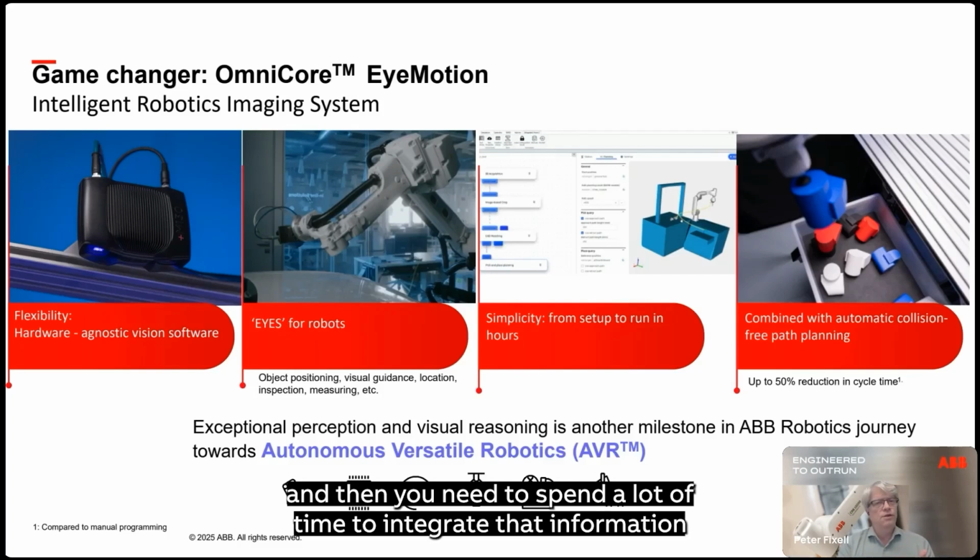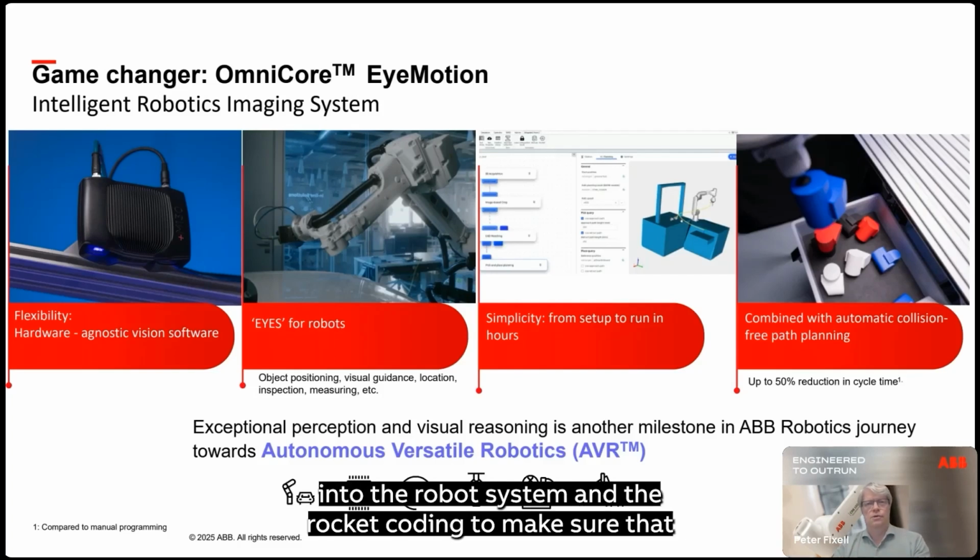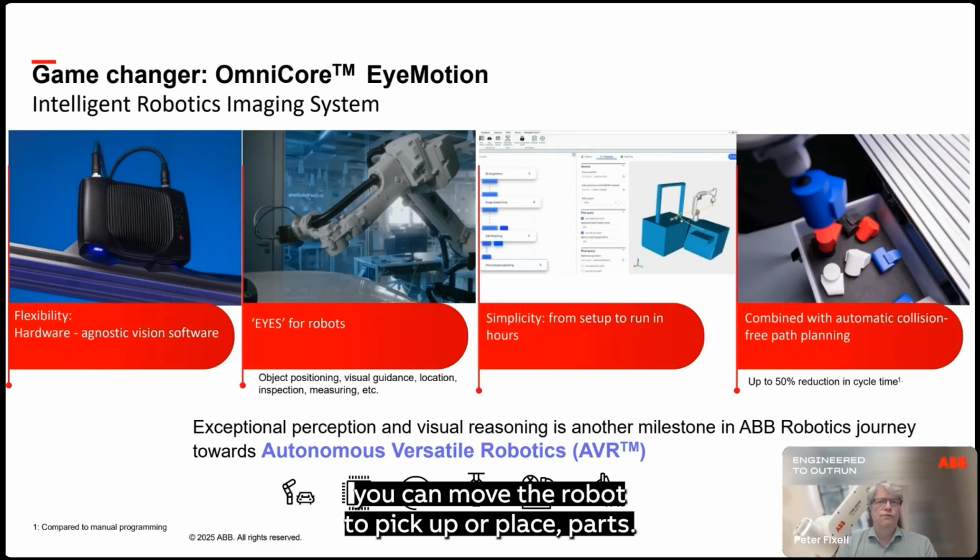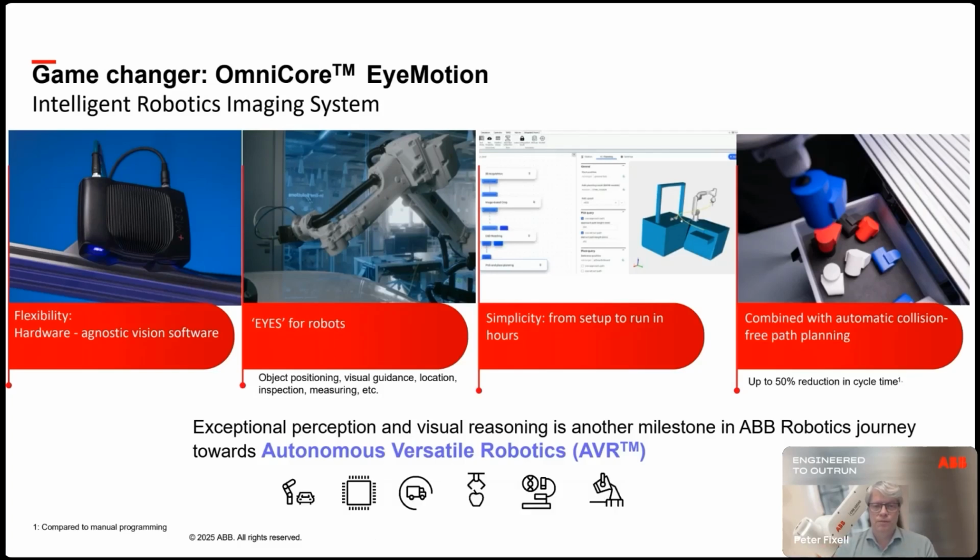And then you need to spend a lot of time to integrate that information into the robot system and the rapid coding to make sure that you can move the robot to pick up or place parts.